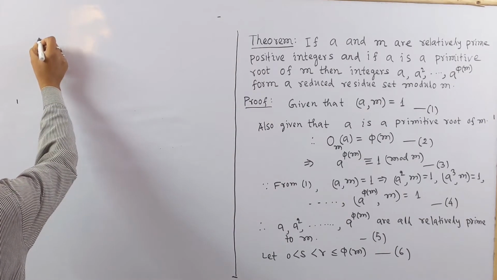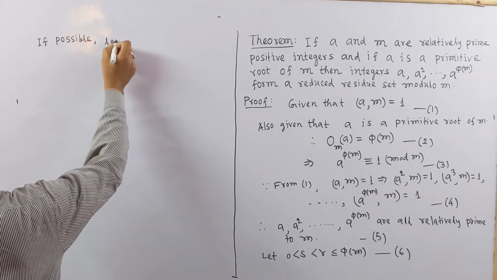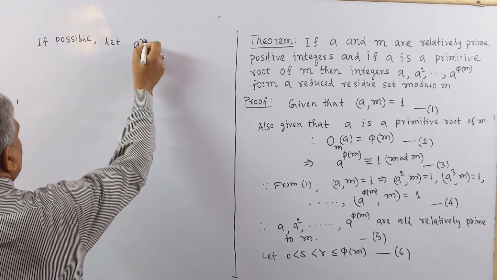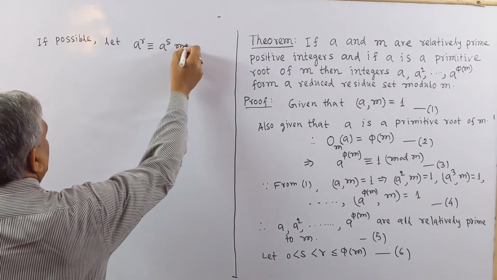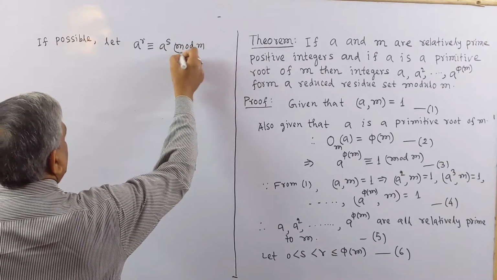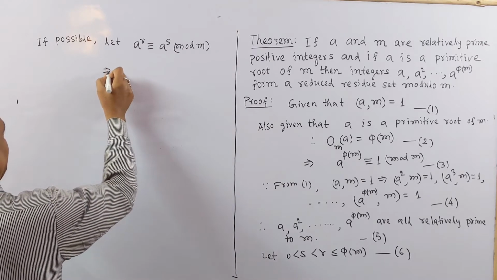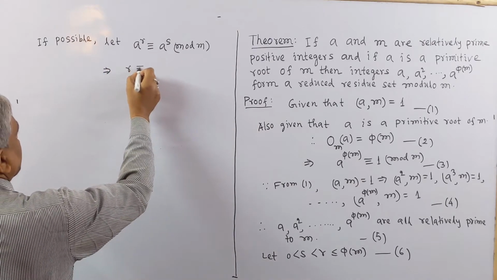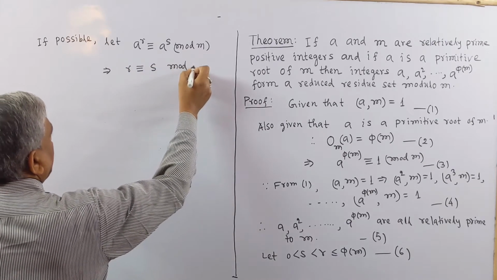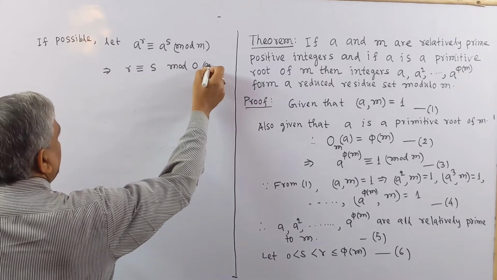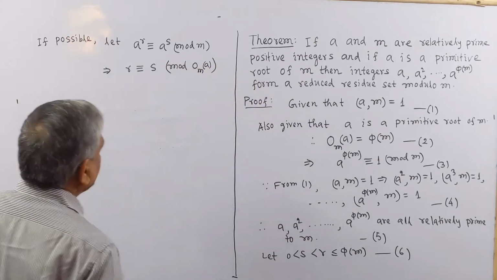If possible, let a to the power r is congruent to a to the power s modulo m. Implies that r is congruent to s modulo order of a modulo m. We know this formula.